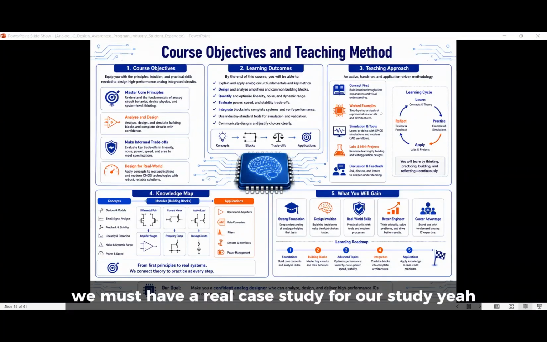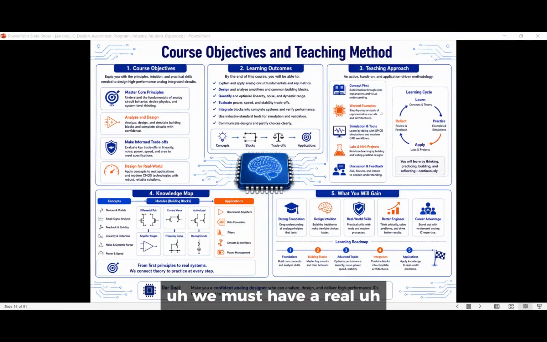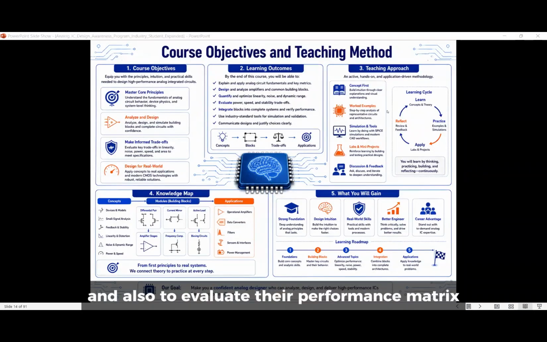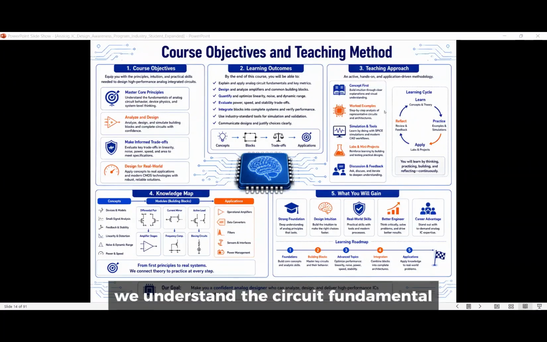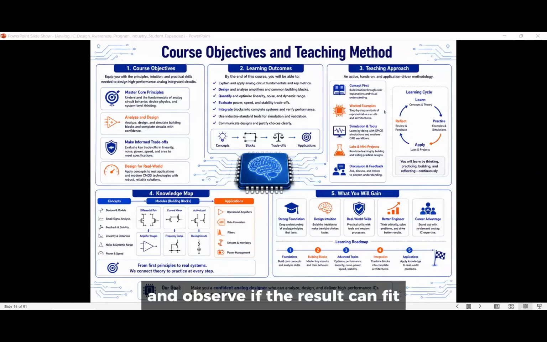We must have a real circuit block for us to analyze, to do the hand calculation, and also to evaluate its performance metrics. And next, once we understand the circuit fundamentals, we can simulate this circuit with our EDA tool and observe if the result fits our analytical result.